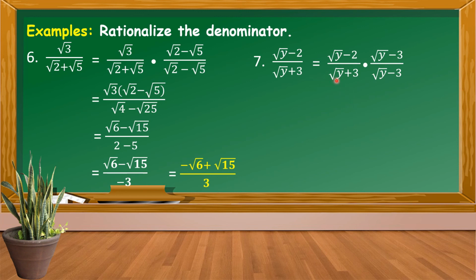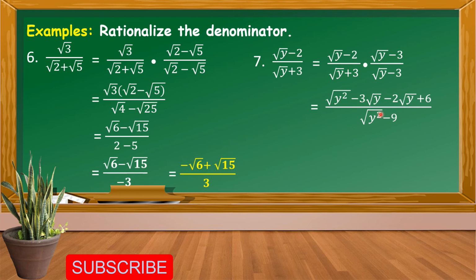And for the denominator, we have to use the sum and difference of two squares. So, we have square root of y squared minus 9. Why 9? Because 3 times negative 3, that is negative 9. Then, we are going to simplify our numerator. We have y only, because the index cancels the exponent, so y is left.